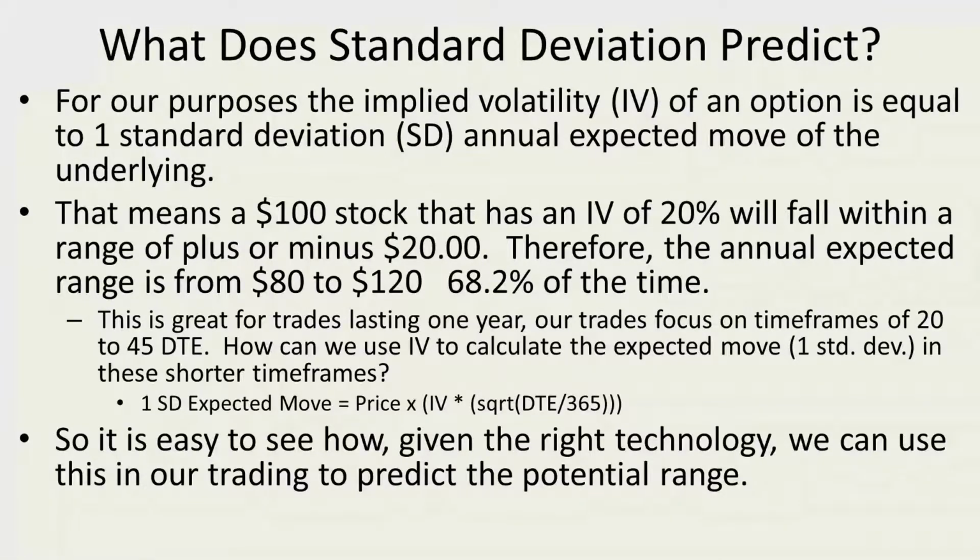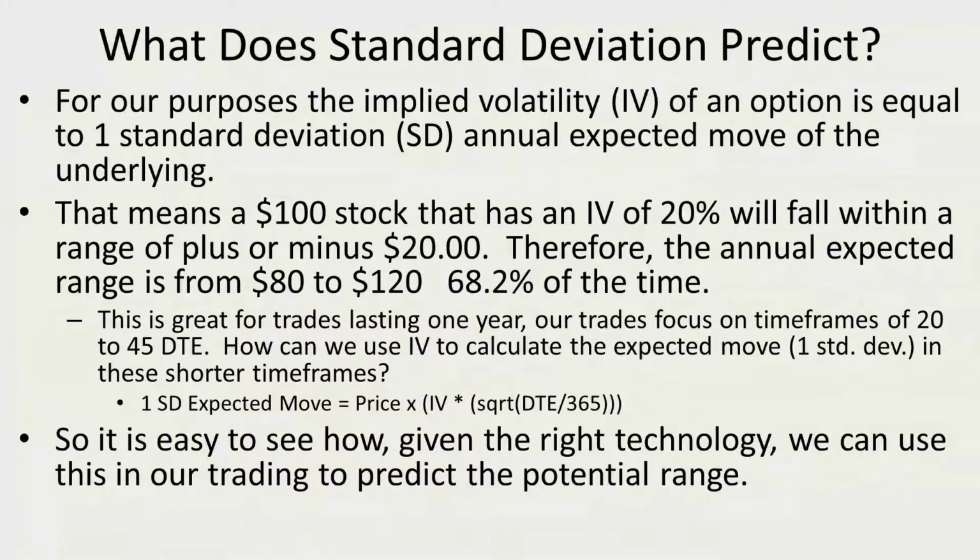Here's an example that I think we could all get our head around and make the math easy. Take a $100 stock where the implied volatility is 20%. One standard deviation of this stock, with the price in the middle at 100: 20% of 100 is, of course, $20.